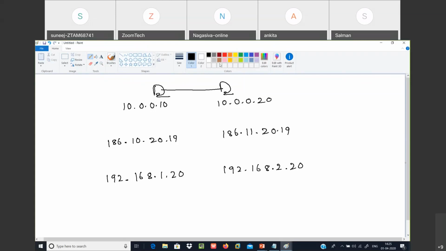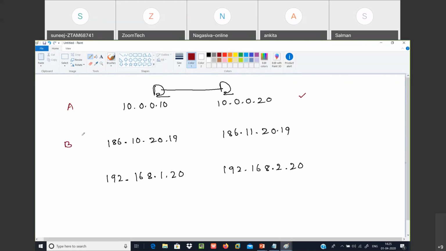Now tell me guys, in the first case, these IPs belong to which class? Class A. Okay, right. Now, will the first PC and second PC communicate? Yes. Why? Because both are in the same network portion. Very good. Perfect. The second case, 186.10.20.19 belongs to which class IP address?